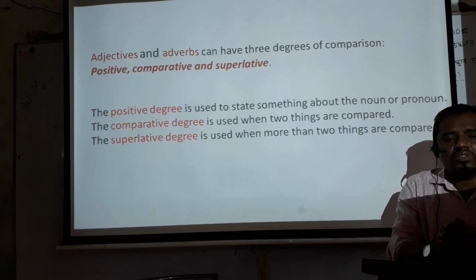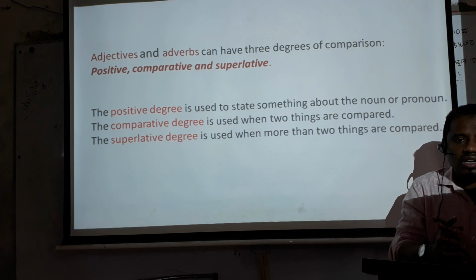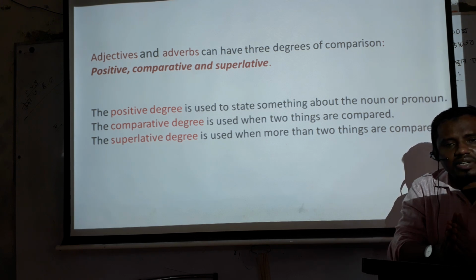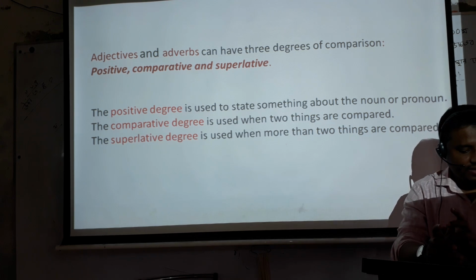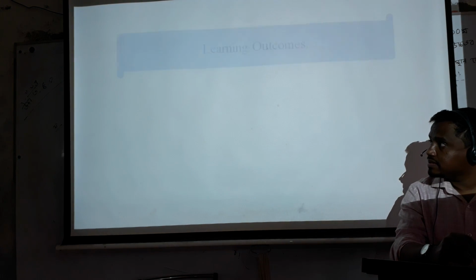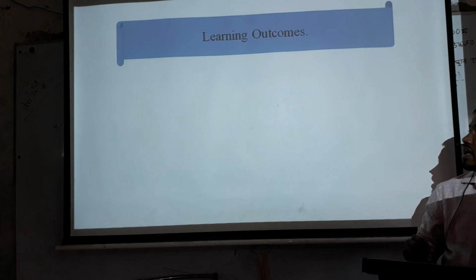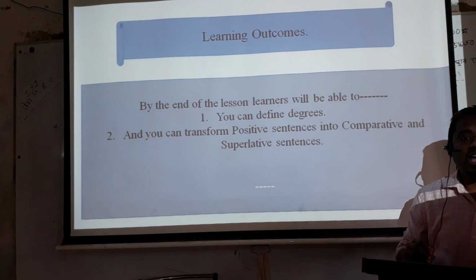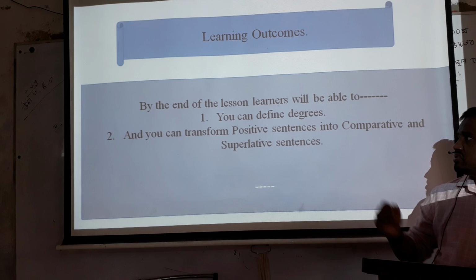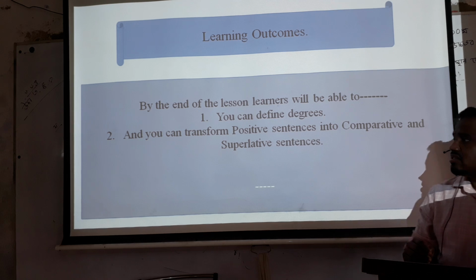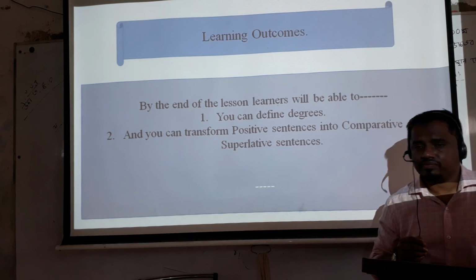Now we move. How can we change these sentences from positive to comparative and superlative? I hope by the end of the lesson, you will be able to define degrees, and you can transform positive sentences into comparative and superlative sentences also.